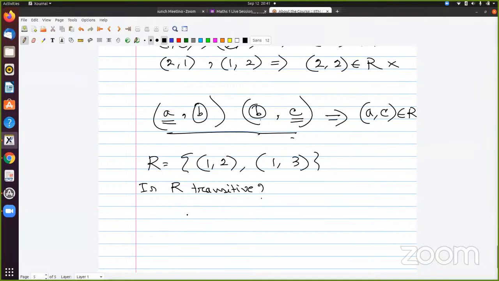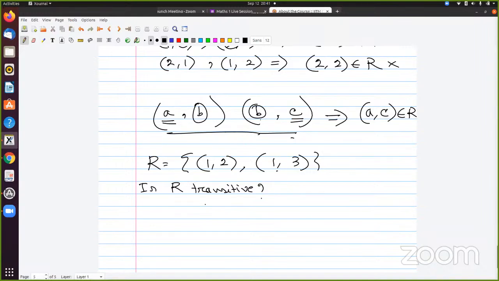So what type of pair do we need? Suppose (1,2): is there any element starting with 2? No, right? So there is nothing to check for this element. Is there any element starting with 3? No. Is there any element ending with 1?